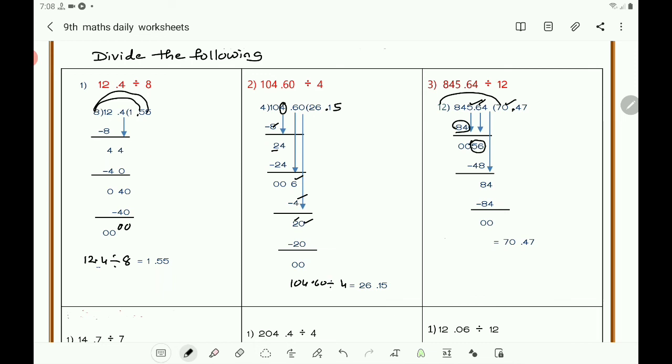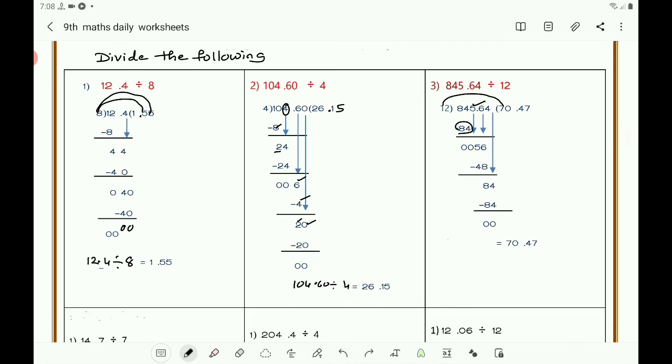So here 56 you got. First you have taken 5 down. It is smaller than 12. So here we have taken 0 and next digit 6 is taken down. So it becomes 56. Here 6 is after the decimal point. Therefore here you write the point. Then 12 fours are 48. 56 minus 48 is 8.